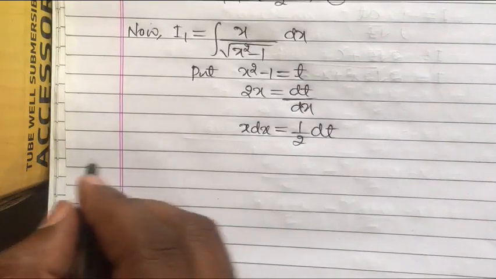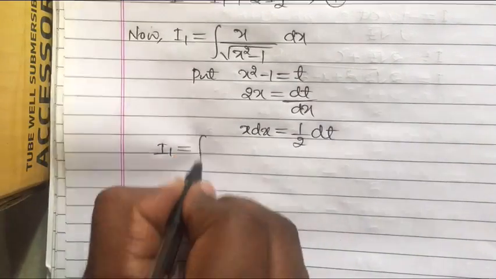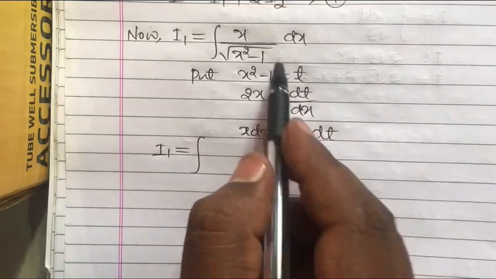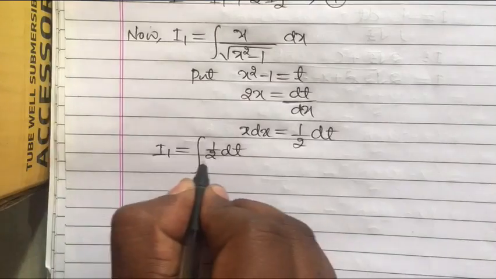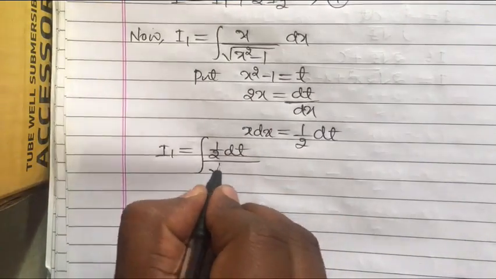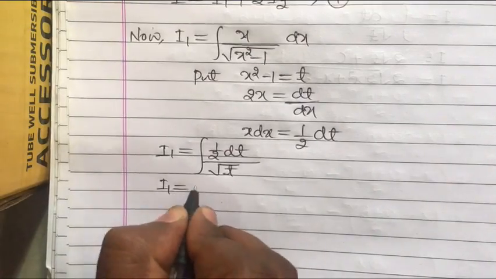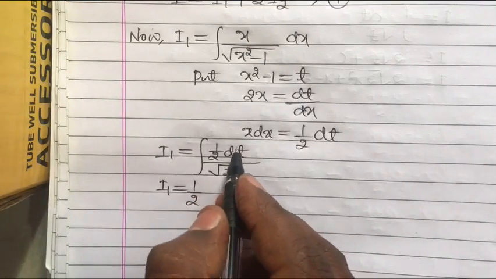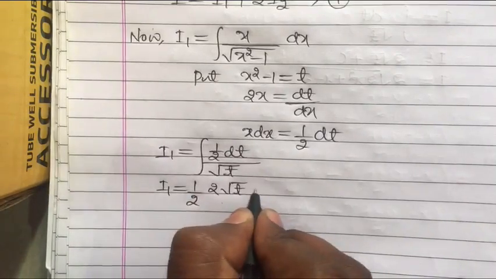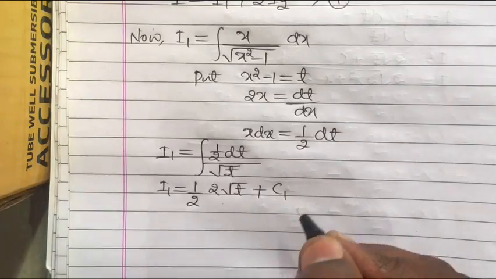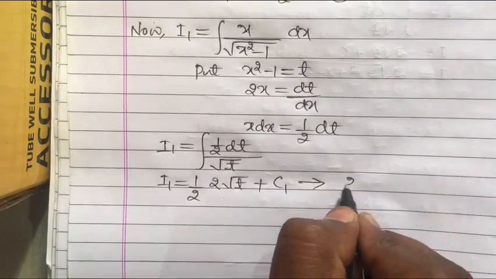So I rewrite I1. So here I1 is equal to integral, now see here x dx will be 1 by 2 dt, then the whole divided by square root of t. So 1 by 2 is a constant, I write it outside. Then integration of dt by root t will be 2 root t plus, I write c1 here because this is integral 1. So I call this equation number 2.